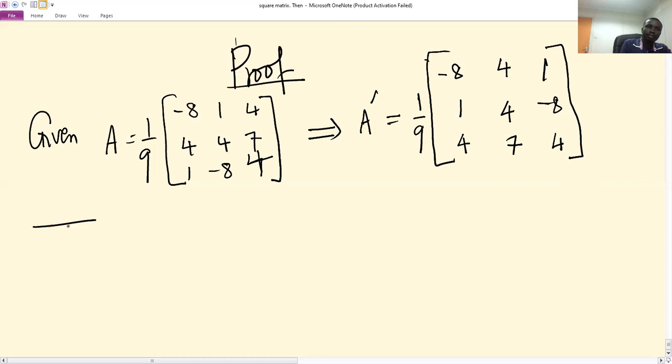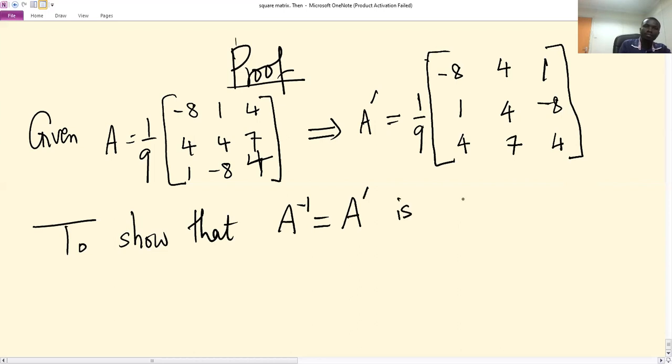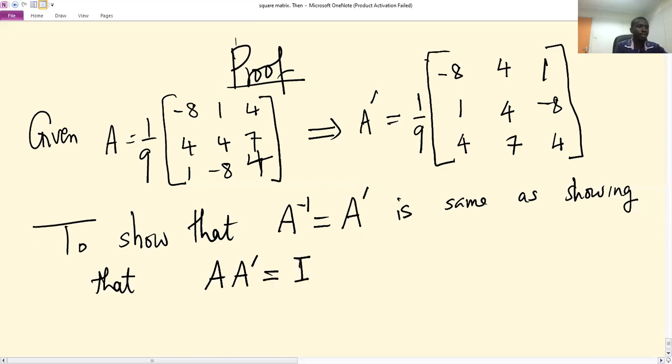To show that A inverse is equal to A transpose is the same as showing that A times A transpose gives an identity matrix. So let's see.